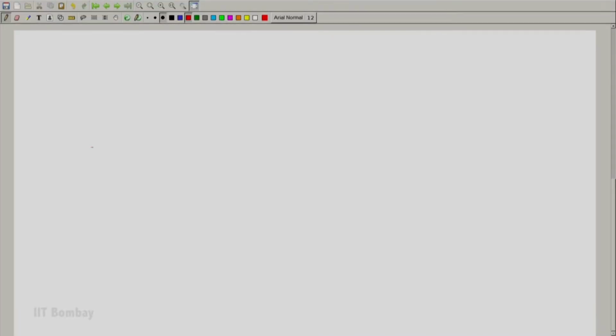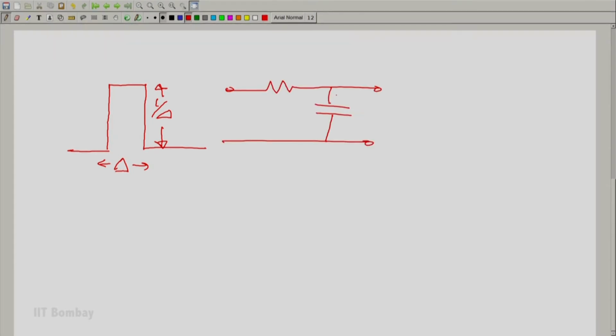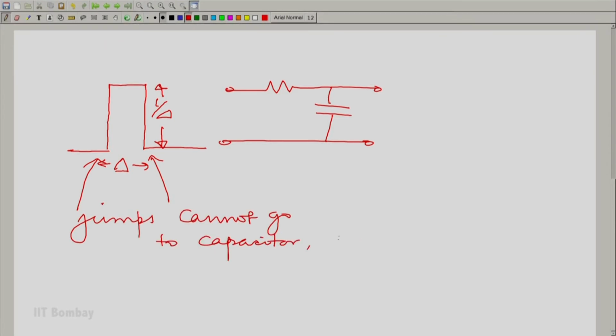So, the unit impulse started from a very narrow pulse as usual. There we go again, a pulse of width delta with a 1 by delta height, and this was applied. Now, these sudden jumps cannot go to the capacitor, so they go to the resistance.